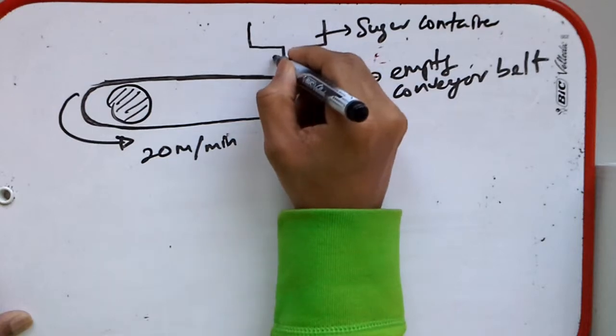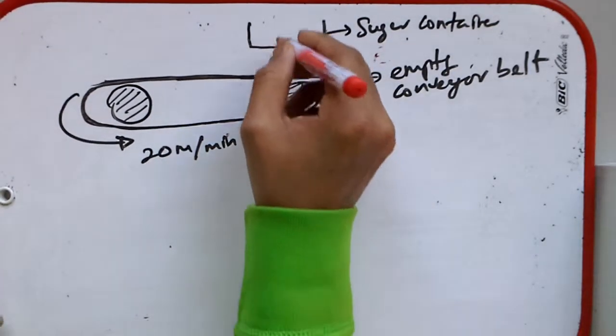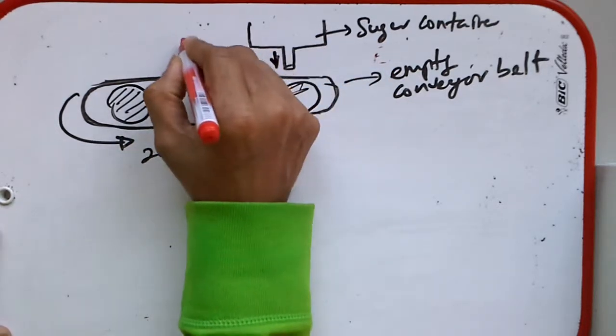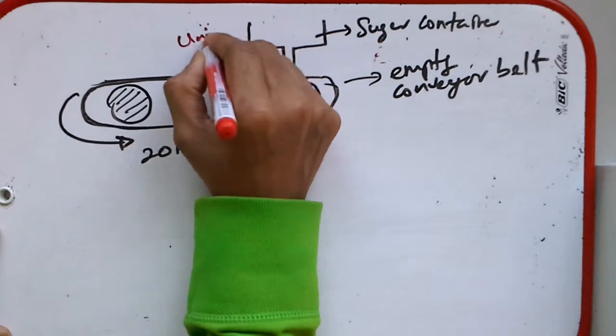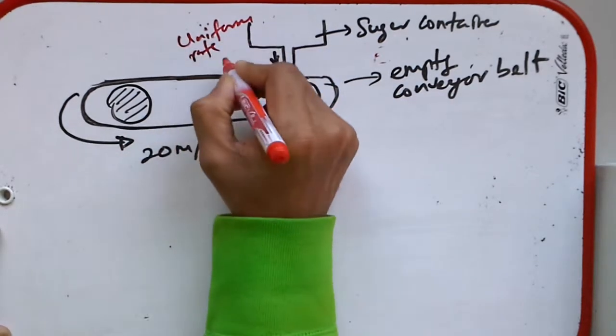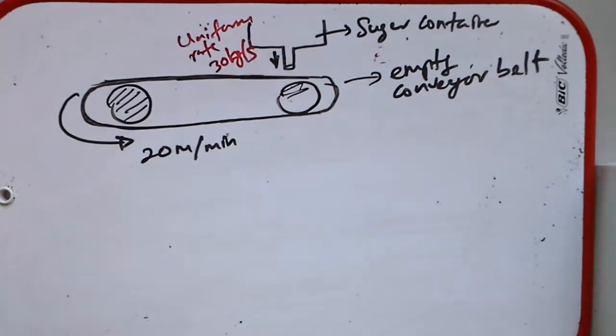This delivers sugar at a uniform rate of 30 kilogram per second onto this belt.